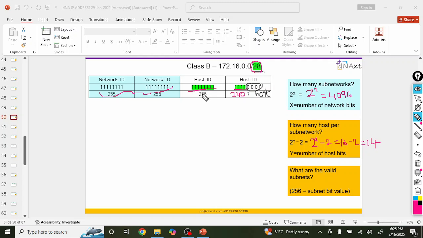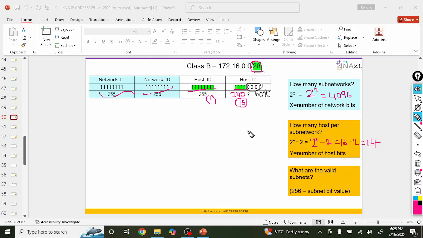Since we have borrowed the bits from two octets, that is third and fourth, there will be an increment in both these octets. So 256 minus 255, because subnet mask value over here is 255, comes out as 1. So increment of 1 in the third octet, and 256 minus 240, that is 16, so increment of 16 in the fourth octet.